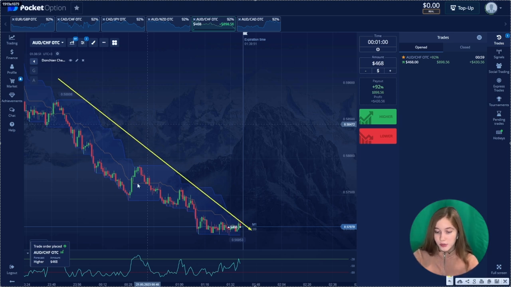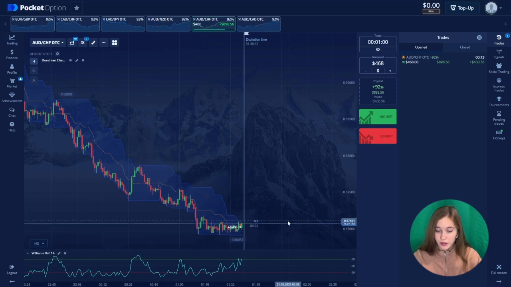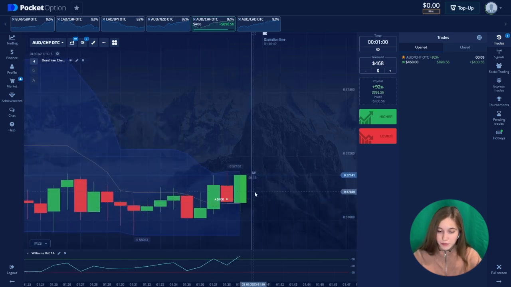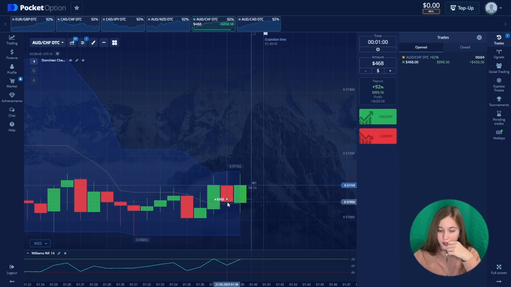But this indicator we see declining. Ten seconds left until the end of our deal. We see a reversal. Two seconds.